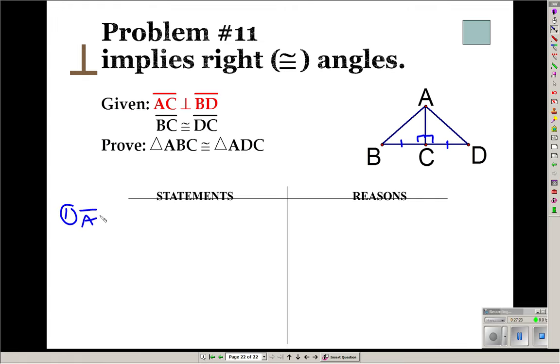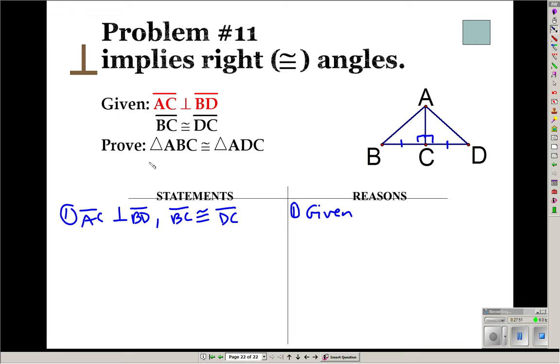Segment AC is perpendicular to segment BD, and segment BC is congruent to segment DC. And we know that's true because we were given that.